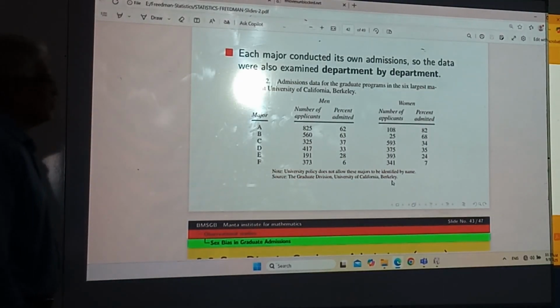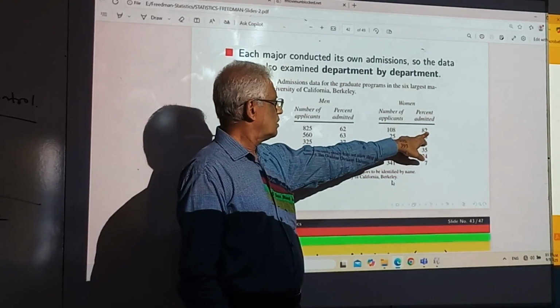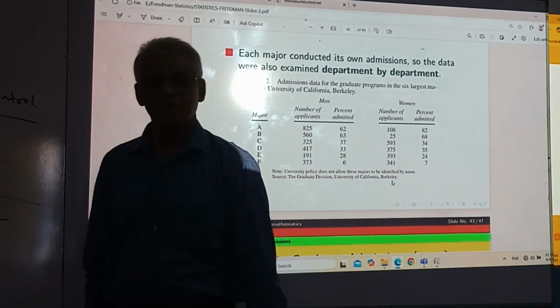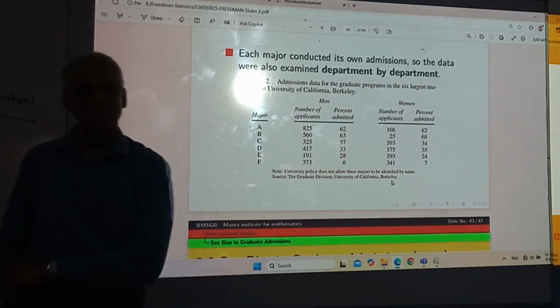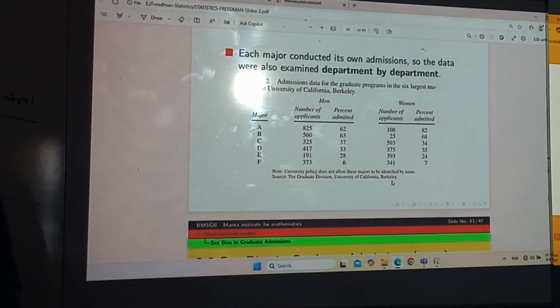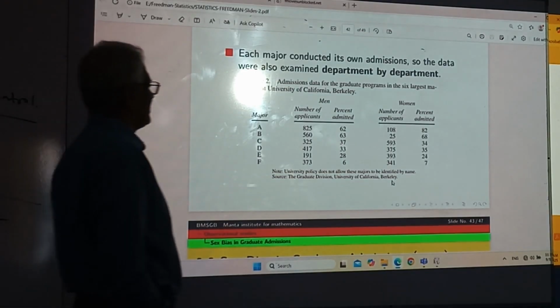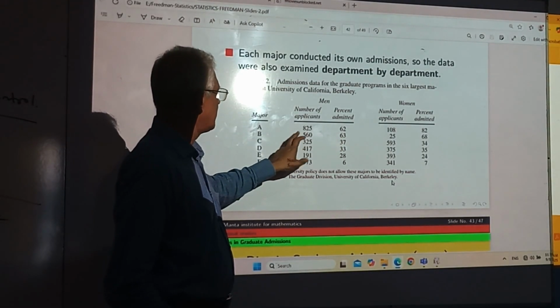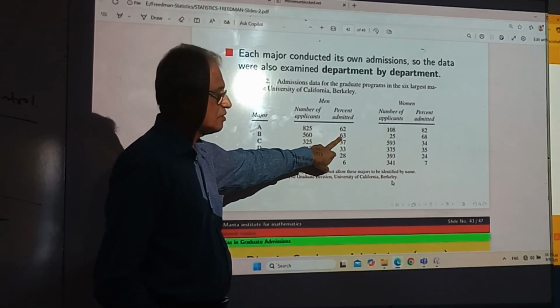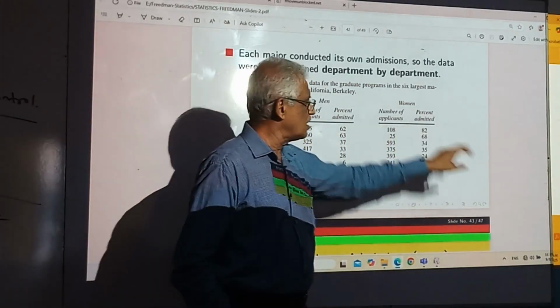So in that case, actually, women have been selected more than men. It seems like men are selected less. Men have been discriminated against. And similarly here, in department B, 63% for men and 68% for women.